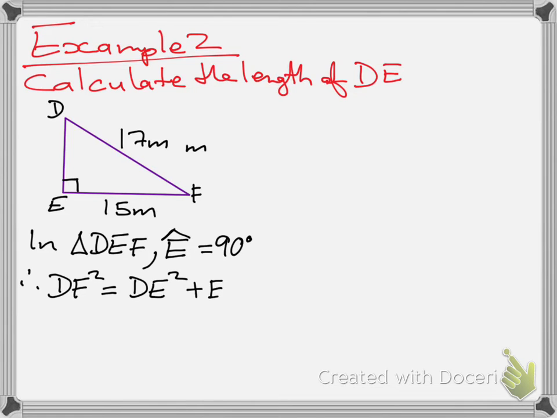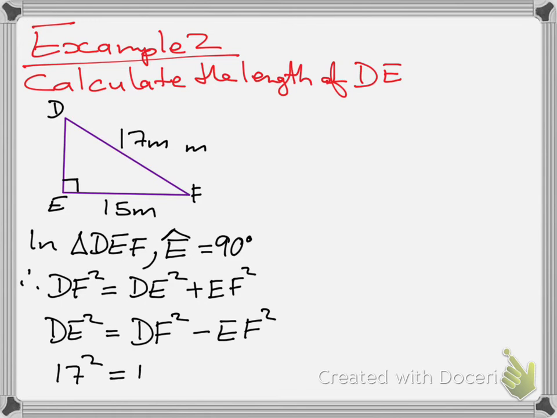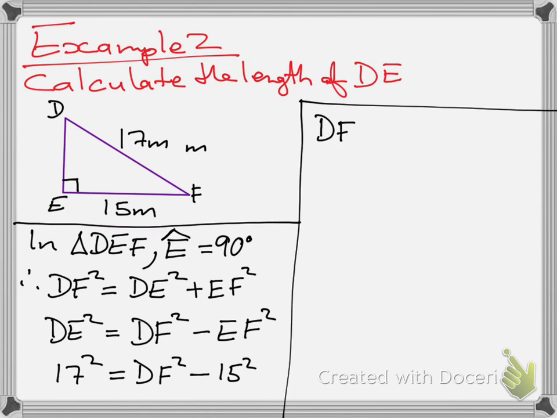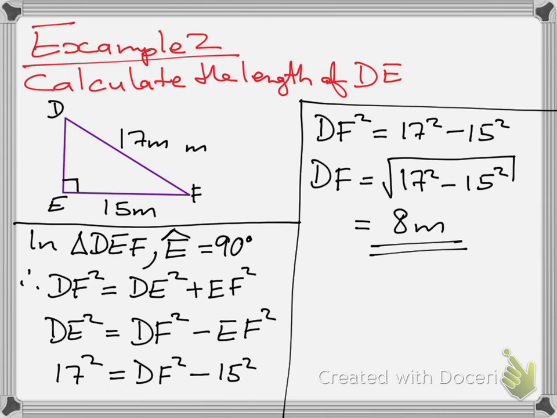DF will be the hypotenuse. Sorry, in this case we were asked to look for DE, so we solve for DE. DE squared will be equal to 17 squared minus 15 squared, because DF is the hypotenuse and should be equal to the sum of the squares of the other sides. So in this case, it will give us 8 meters.